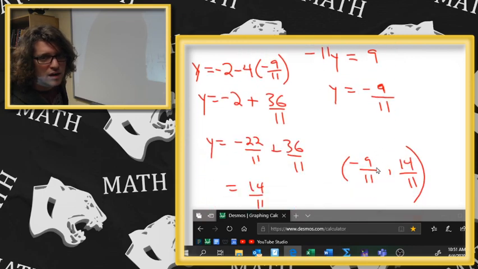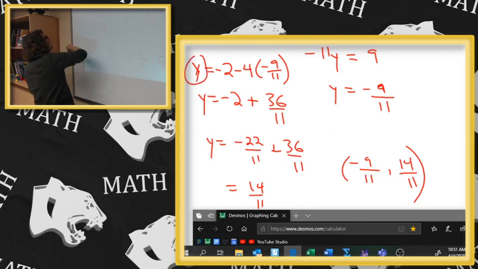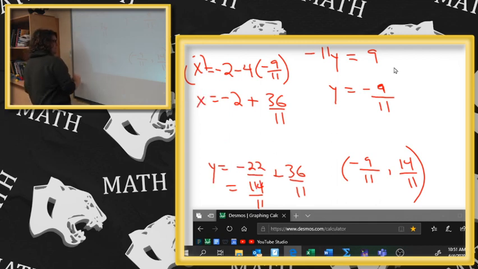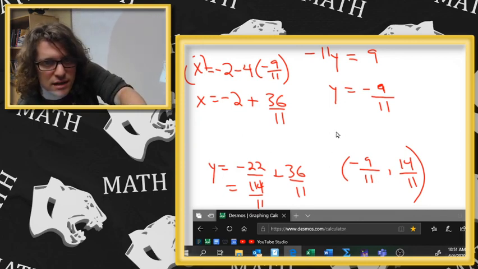Oh, I labeled it poorly. So one of the things I did was, I think when I was working on it, I had it as an X right here. You can kind of see it, but then I was like, oh, it's a Y, but it's not. It's an X. My apologies for that. So that is a value of X there.